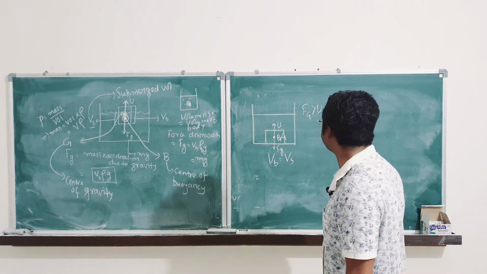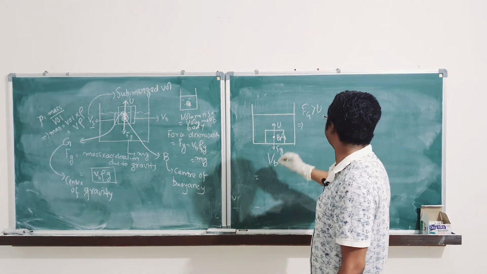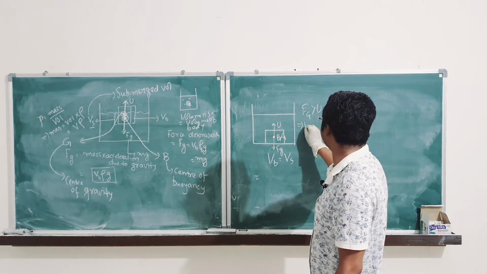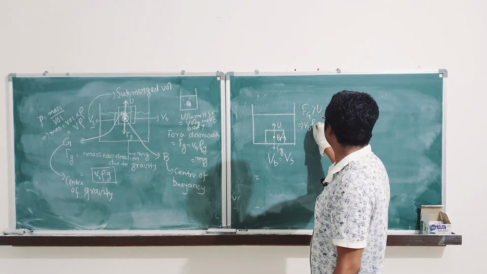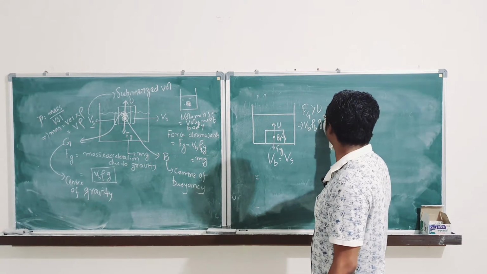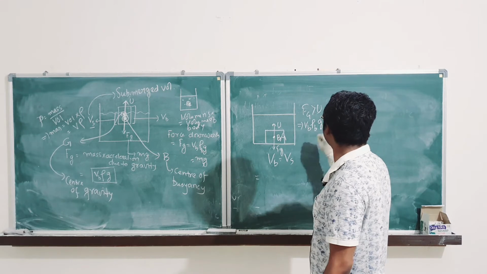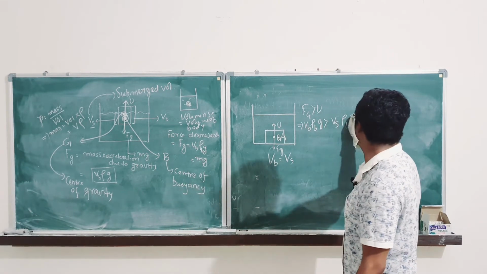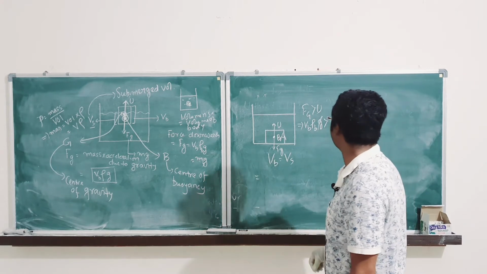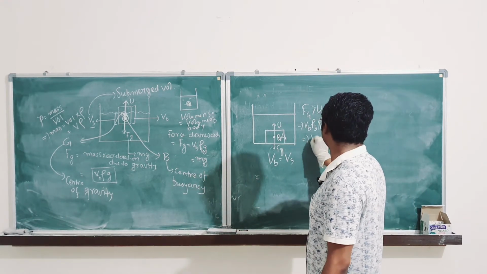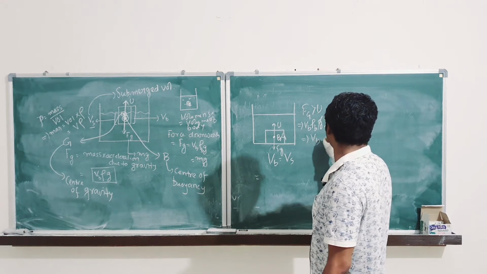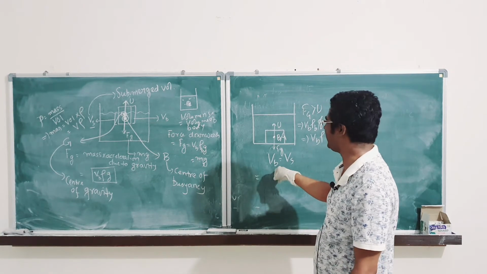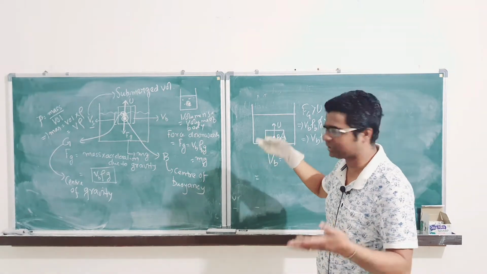Now when Fg is more than U, what that basically means, Fg is nothing but Vb rho b g, more than upthrust which is Vs rho L, that is the liquid, into g. So g and g will cancel out, and we know very well that Vb and Vs are same because we have taken this total volume the same, जितना submerged है.